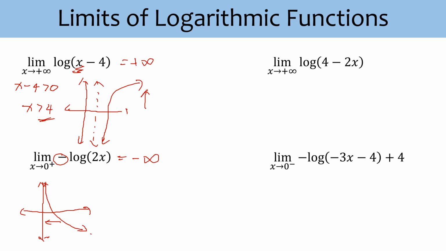Okay, how about the next example that we have here? So we have log of 4 minus 2x as x approaches infinity. So how do you sketch the graph? First, again, we go ahead and solve for the asymptote. So we have 4 minus 2x greater than 0, and we say negative 2x greater than negative 4. We divide both sides by negative 2.